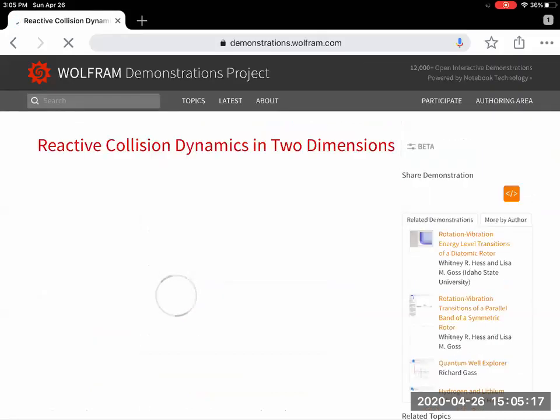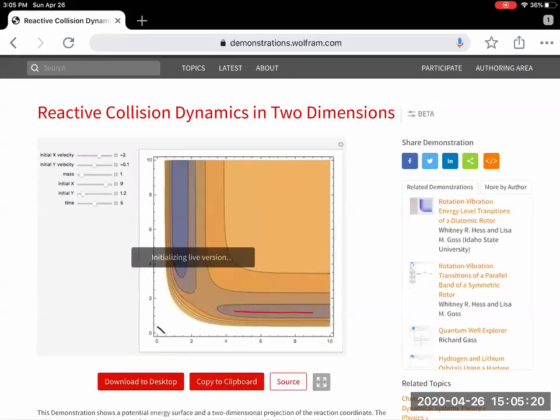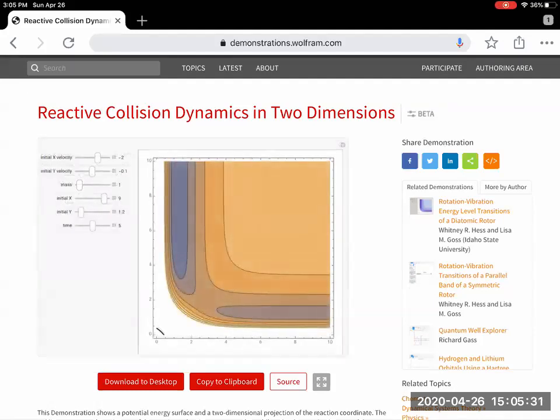So you can see, for example, if you had lots of energy or a little amount of energy coming into that saddle point, you'll either get reflected back out or actually make your way over the barrier.